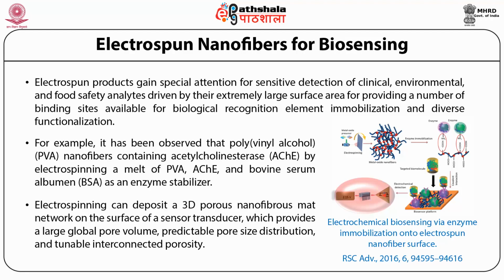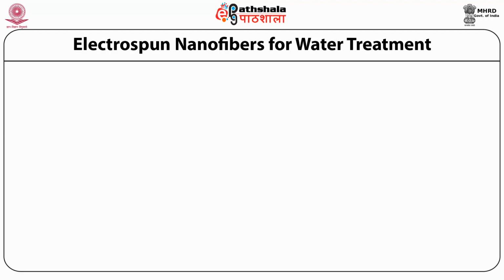Recently, the incorporation of molecularly imprinted polymer within nanofiber network to construct high sensitivity analytical system has also been developed. So this way a lot of applications might come in the application of biosensor.